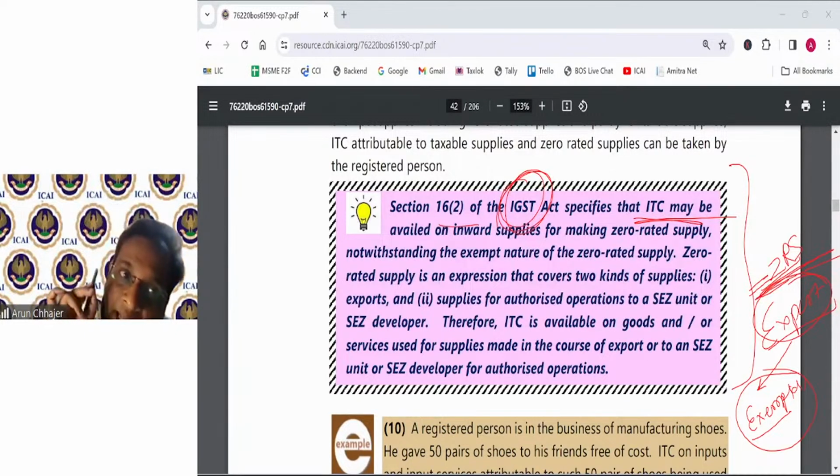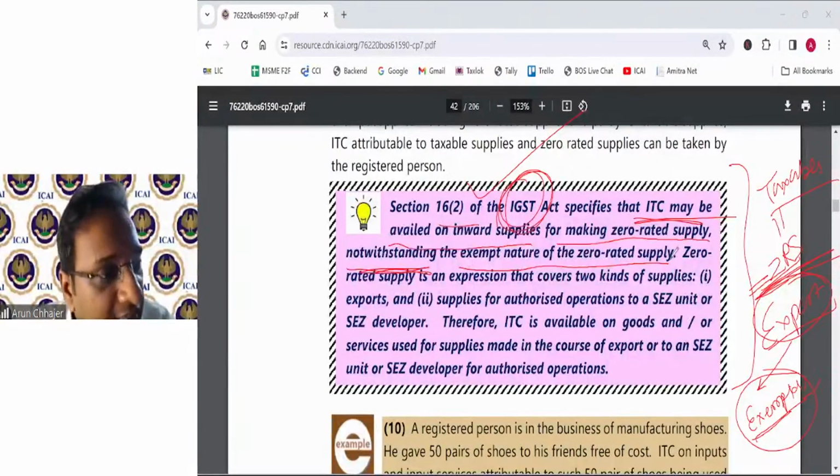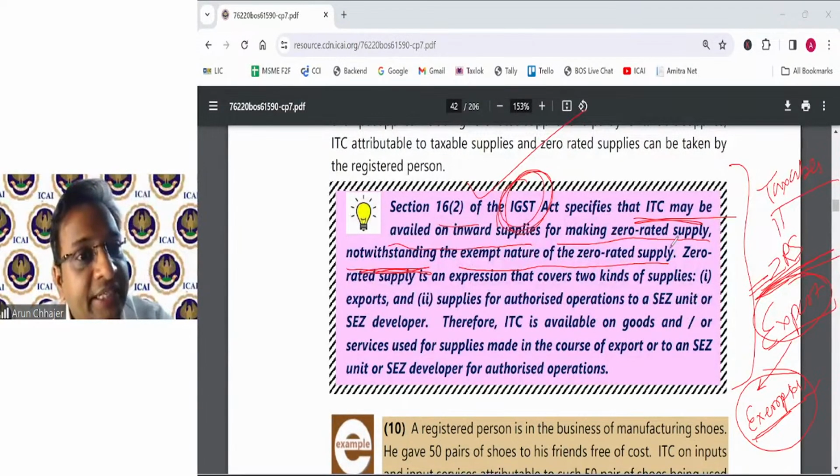Once my supply is zero rated, it is taxable, and therefore I can take the ITC. 16 subsection 2 says that if you are exporting the exempted item, you can take the input tax credit. Let's read: ITC may be availed on inward supplies for making zero rated supplies, notwithstanding the exempt nature of the zero rated supply. So if I am exporting the exempted item, still I am allowed to take the ITC.